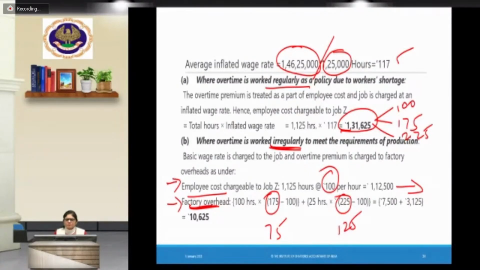All right. So this you have to understand. The normal 100 will be charged as per the normal cost, the basic rate, and the premium amount will be charged to the overheads. Clear?